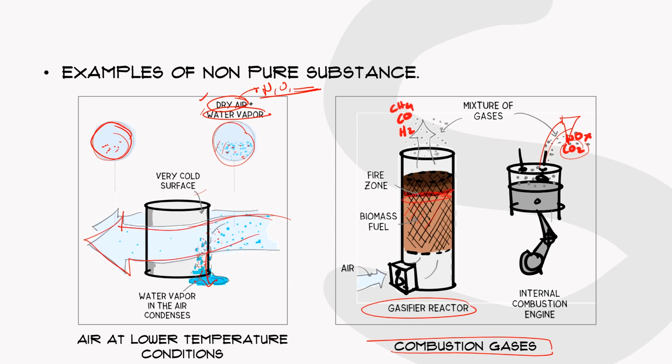From solid fuel, through this thermochemical conversion process, it is converted to gas, and that gas is what we call producer gas. That producer gas is actually a mixture of many other gases, like CH4, CO, H2. So it's not a pure substance, but rather it's another classification.